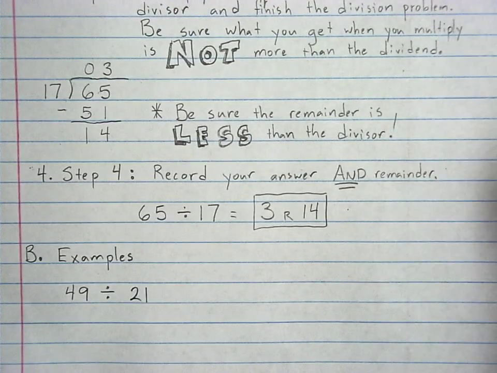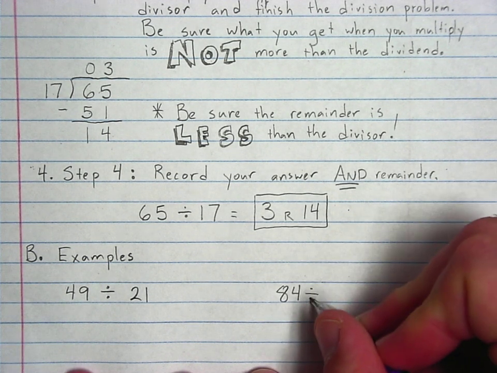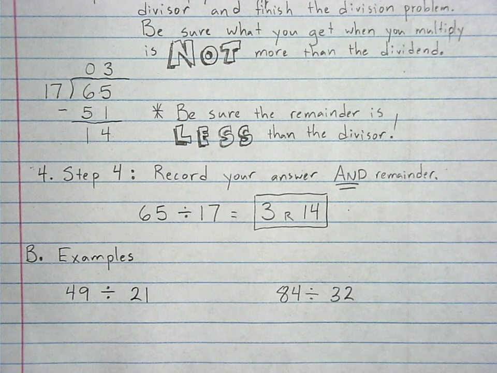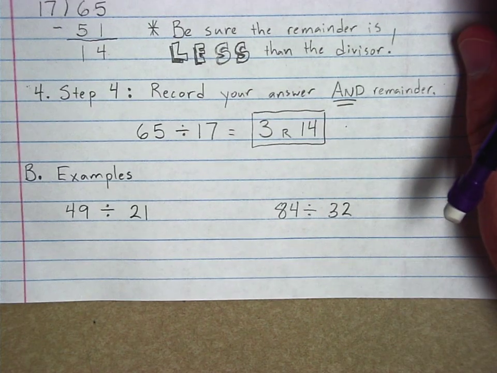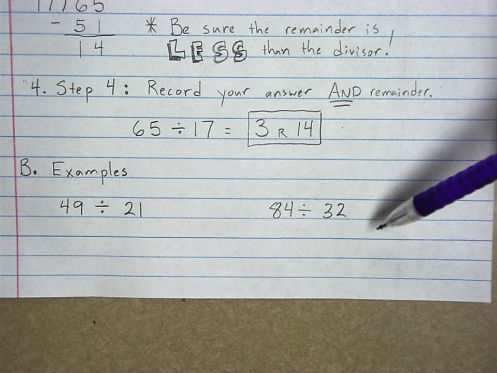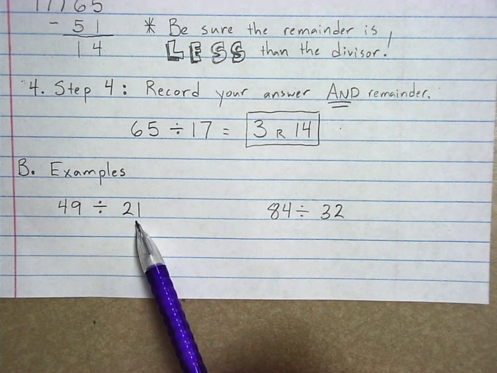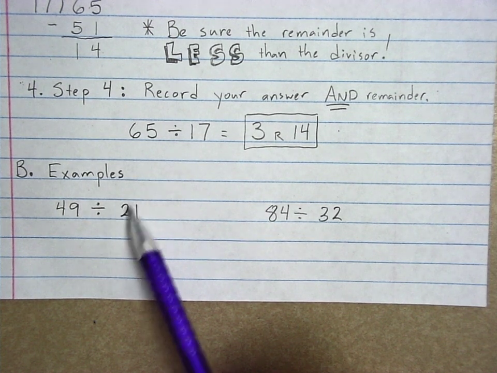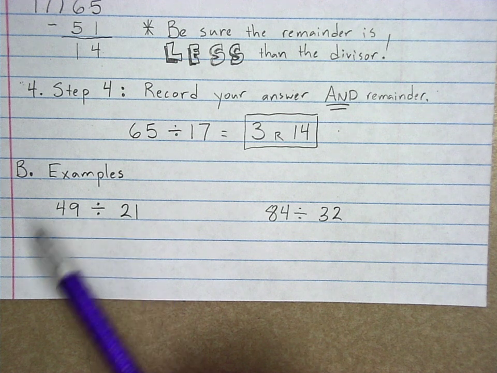Take a look at 84 divided by 32. Now you don't have enough room on this paper if you're like me and you're pretty close to the bottom. So take some graph paper, go on the back of this page, work these out. Dividend inside, divisor outside. Use rounding with compatible numbers, estimating with compatible numbers to help you.